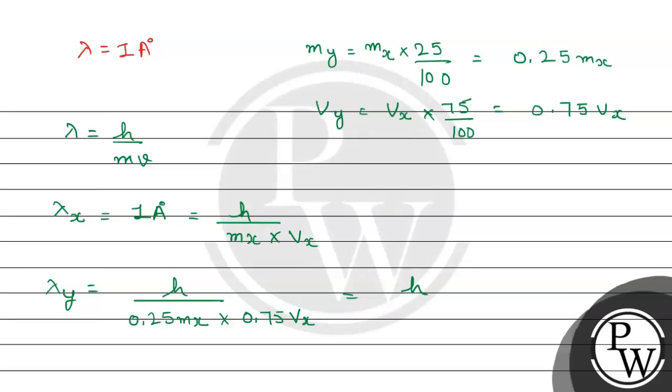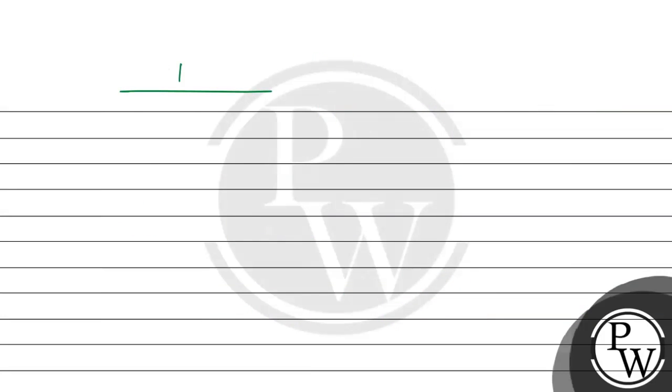So here we can write it as h over mx multiplied to the vx, and हमारे पास यहाँ आएगा 1 over 0.25 multiplied by 0.75. And this value is equals to the 1. So ये हमारे पास 1 से multiply करेंगे तो it will remain same. So basically हमें simplify करना है this thing.